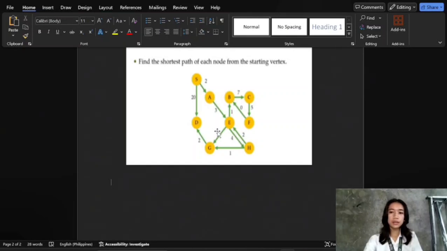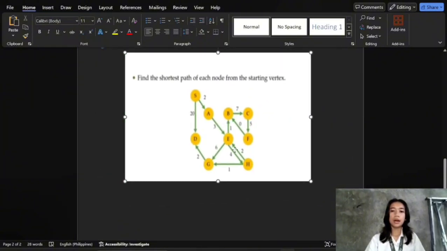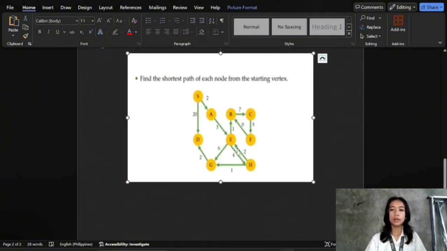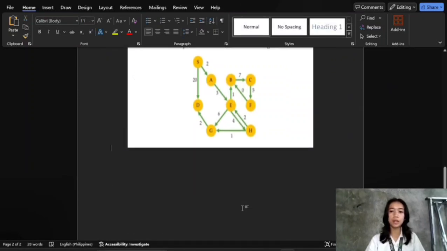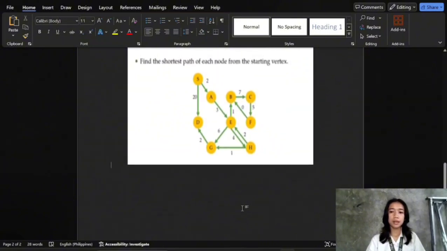Extract the vertex with the smallest distance from the priority queue and update the distance of each neighbor if a shorter path is found. Repeat the process until all vertices are processed. The final distances represent the shortest path from S to all other nodes.